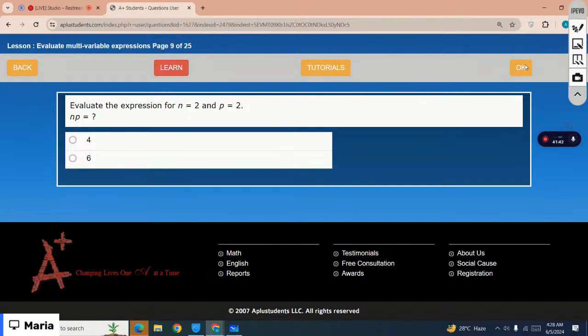Evaluate the expression for n equals 2 and p equals 2. So which is the correct option? The correct option is 2 times 2 is 4.